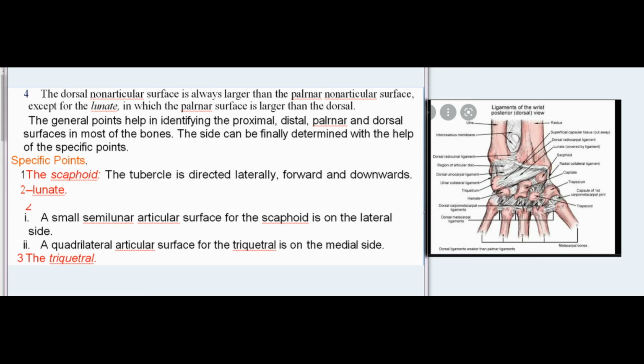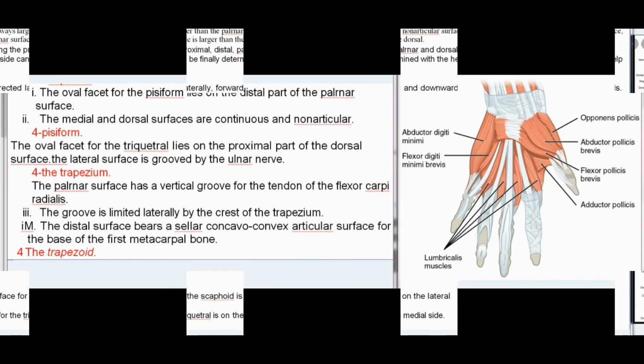The side can be finally determined with the help of the specific points. Specific points. 1. The scaphoid: the tubercle is directed laterally, forward, and downwards. 2. Lunate: a small semilunar articular surface for the scaphoid is on the lateral side. A quadrilateral articular surface for the triquetral is on the medial side. 3.